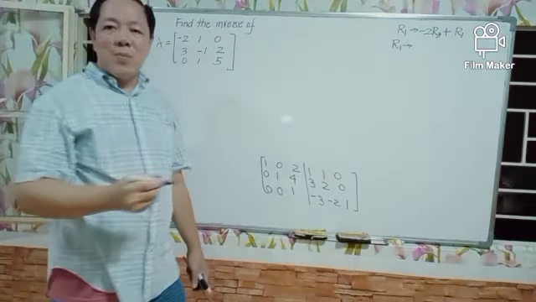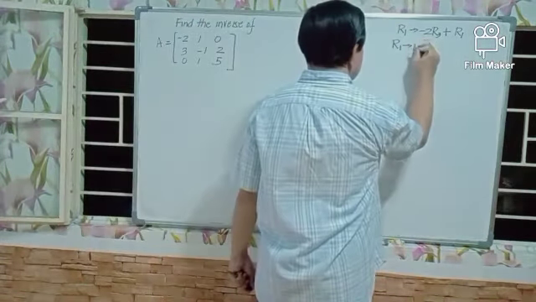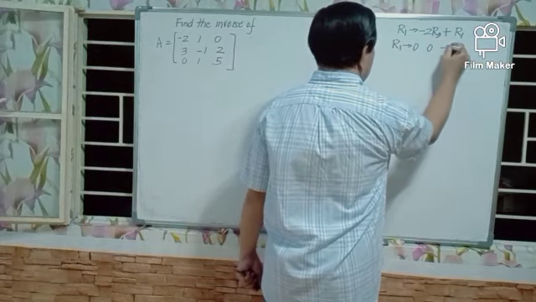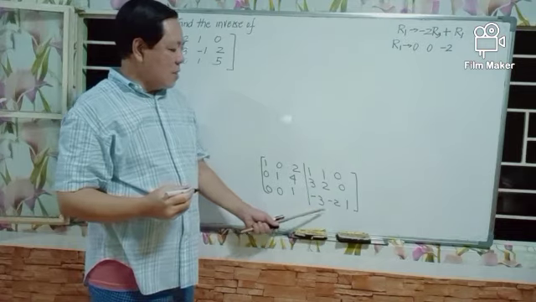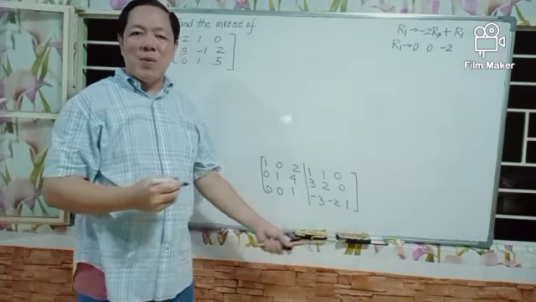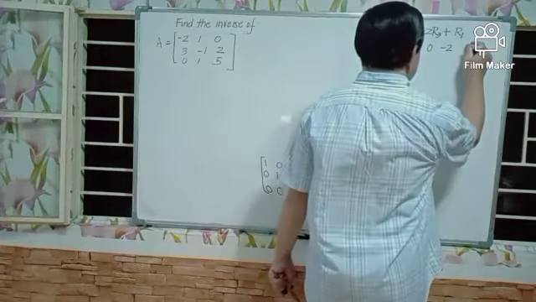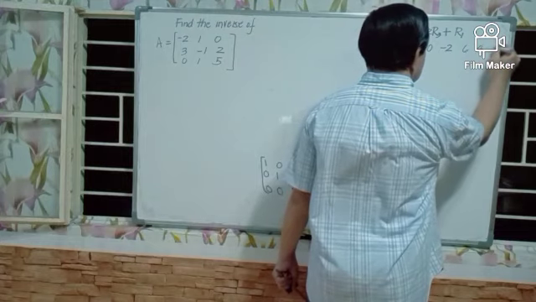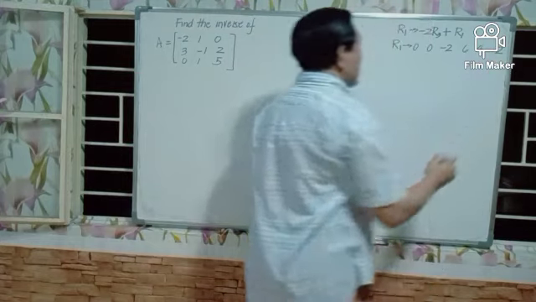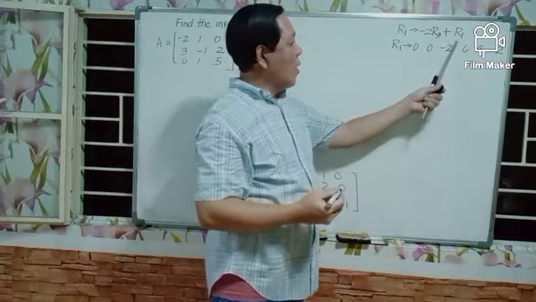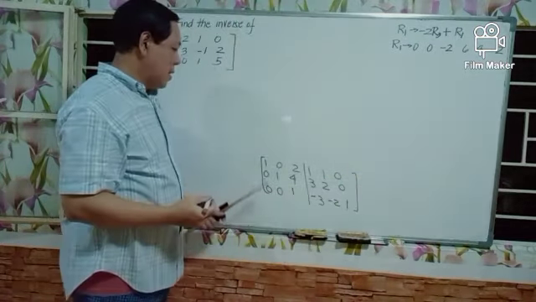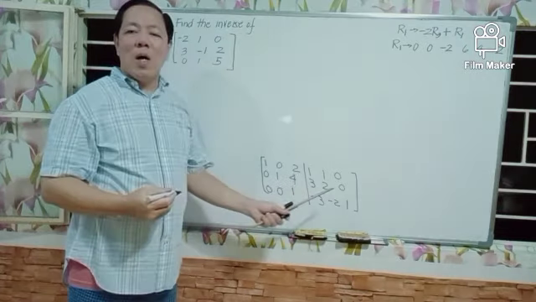And to these products, we add the old entries of row 1. 1, 0, 2, 1, 1, 0.